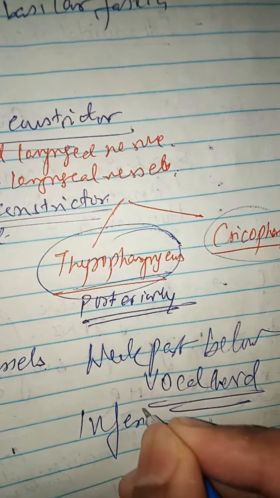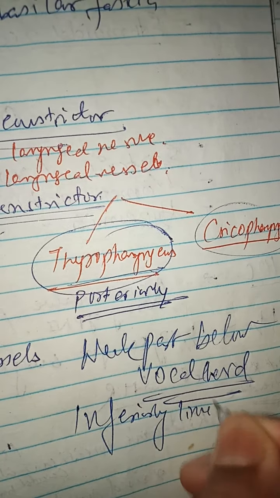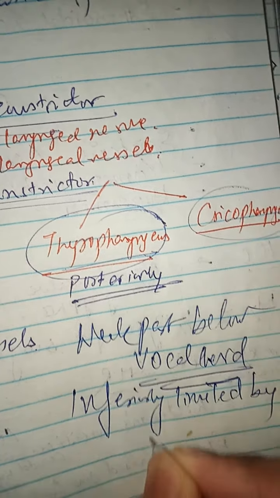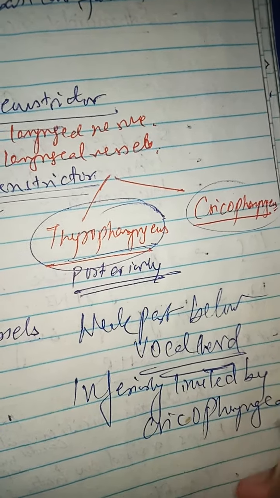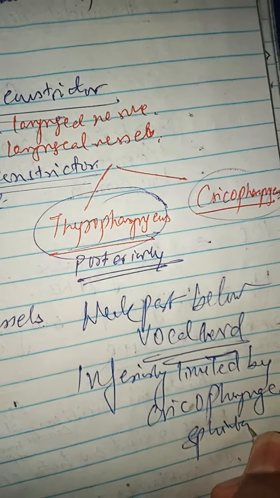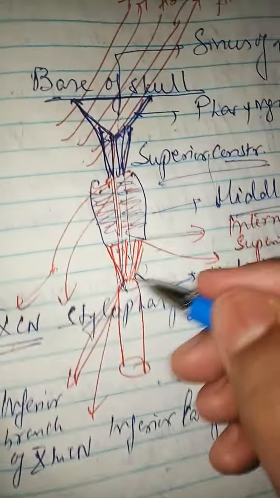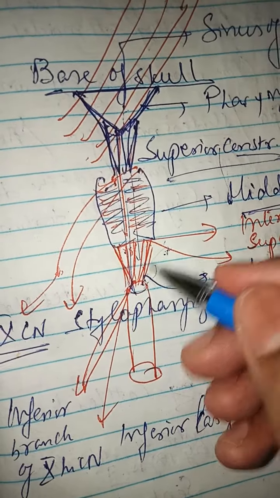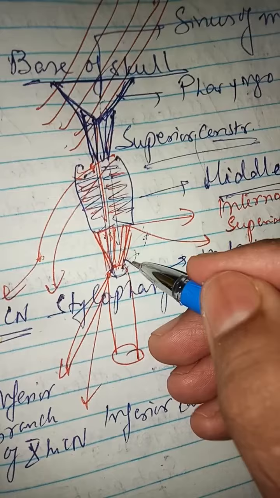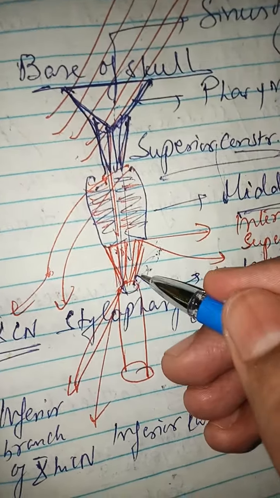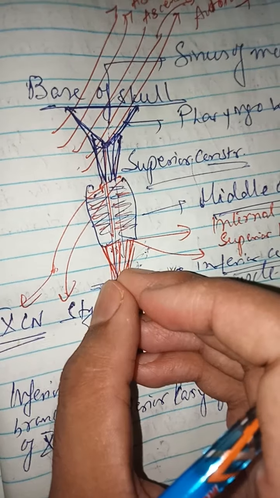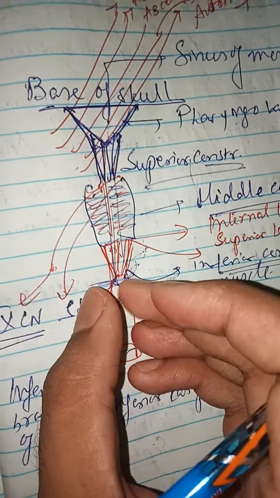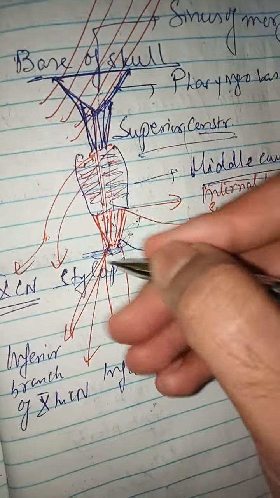The cricopharyngeal sphincter is actually present anteriorly, but inferiorly it constricts.